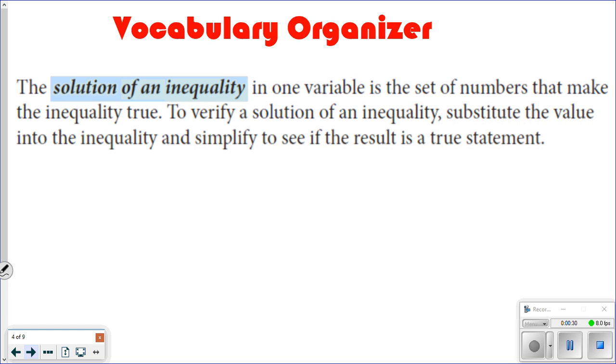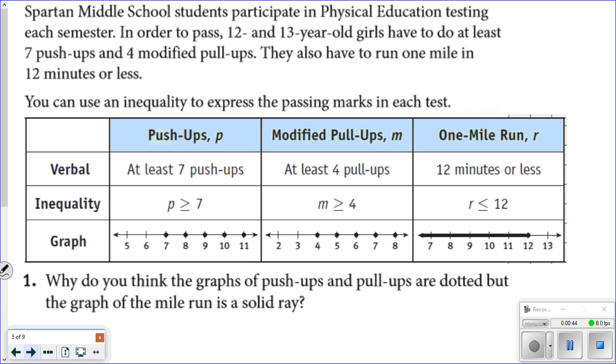So a solution of an inequality in one variable is the set of numbers that make the inequality true. Set of numbers means that there's more than one answer or solution.